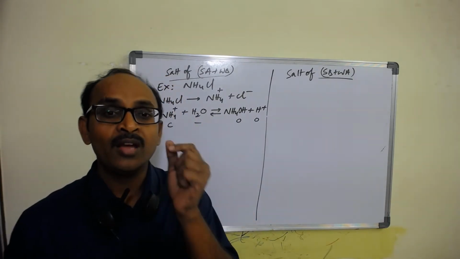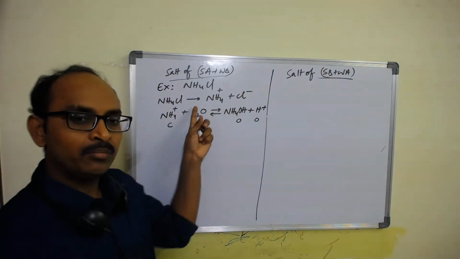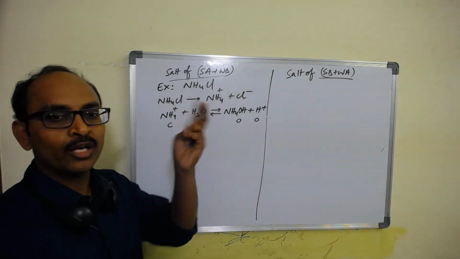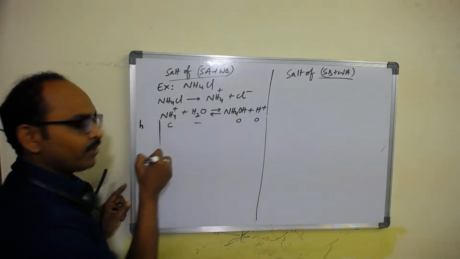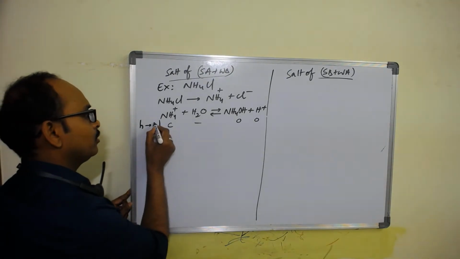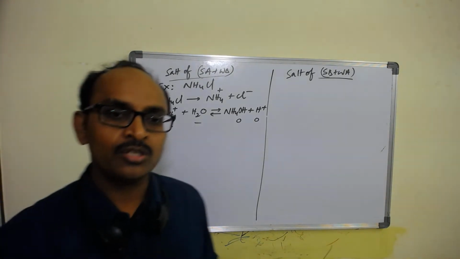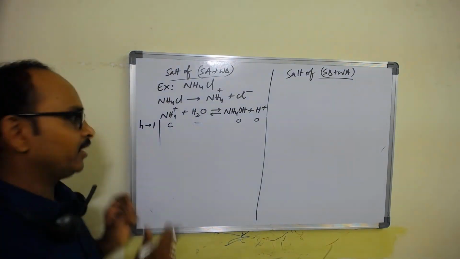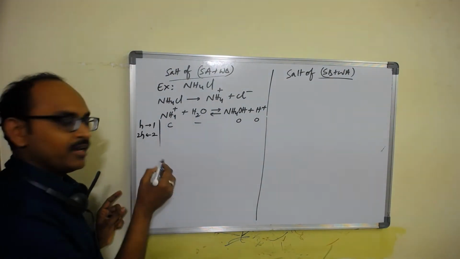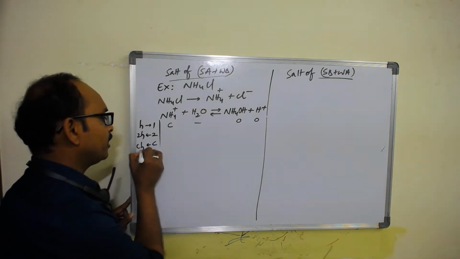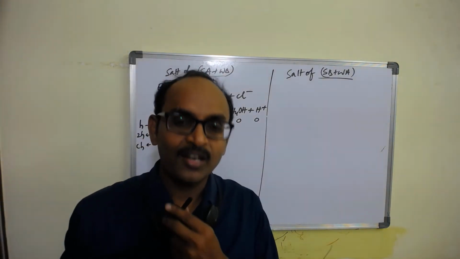Because that is of very high concentration, I am taking it as constant and ignoring it. And I take h as the degree of hydrolysis. Degree of hydrolysis is h in 1 mole per liter. If I take 2 mole per liter, that will be 2h, right? If I take C mole per liter, that will be Ch. Then how much will be left?